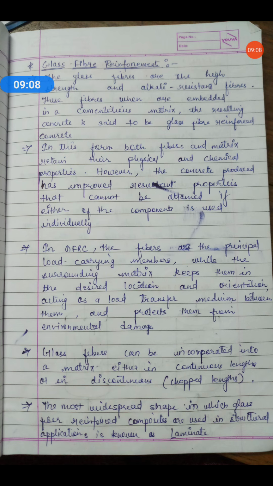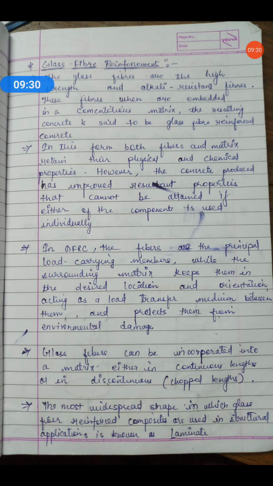Fibers in any form, whether glass fiber or steel fiber or polymer fiber or anything else, the fiber alone acts as the load carrying member. And the matrix that surrounds it helps to maintain its location and orientation.